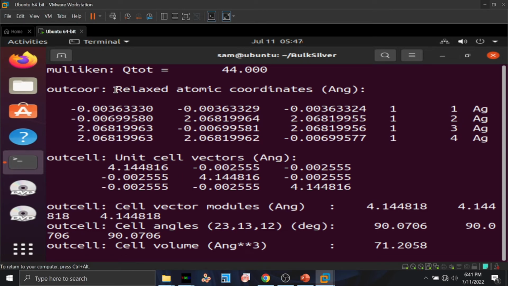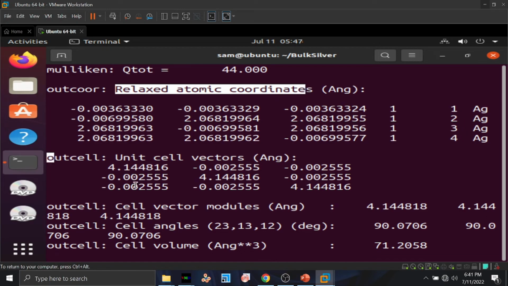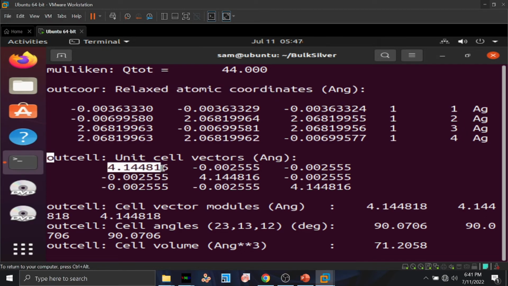Here it is written relax atomic coordinates, and you can see that when we kept the cell variable, the volume, instead of contracting, expanded, because it goes from 4.0857 to 4.144 and 4.144.